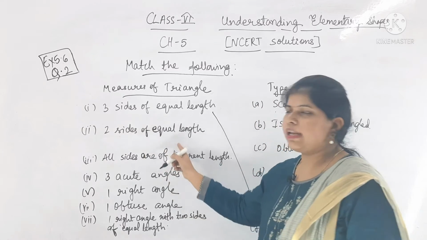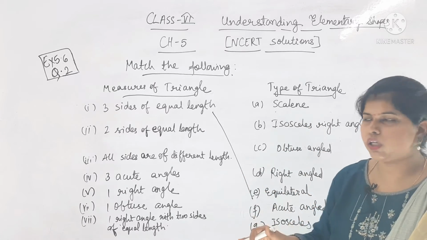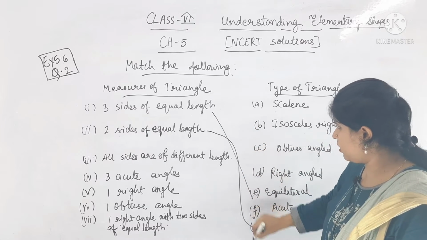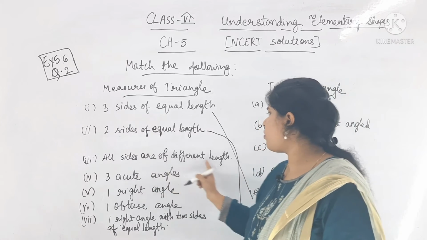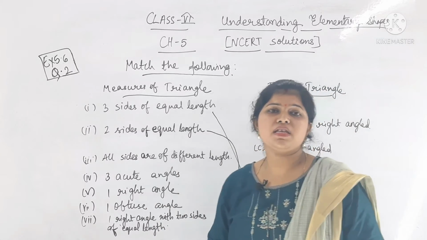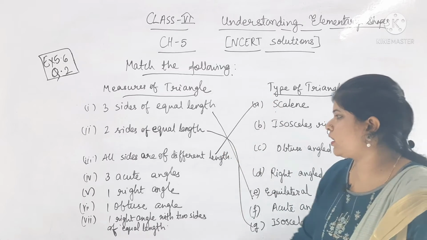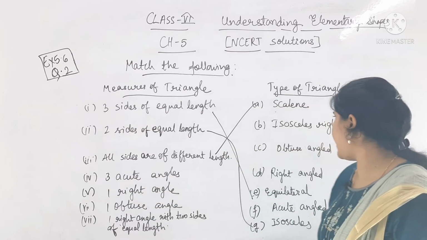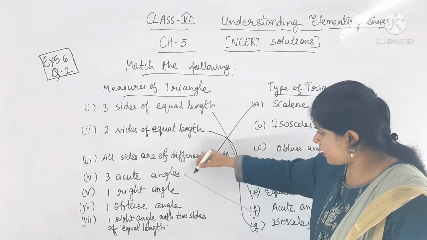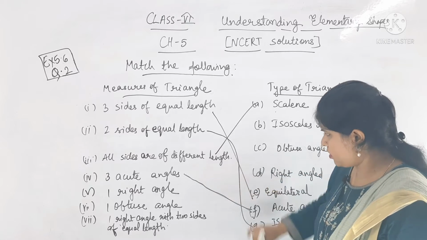Two sides of equal length, base is not equal, that is isosceles triangle. All sides are of different length means scalene triangle. Three acute angles means acute angle triangle.